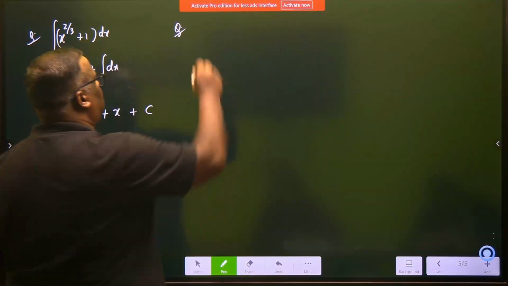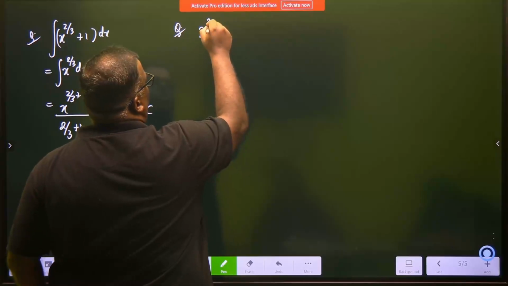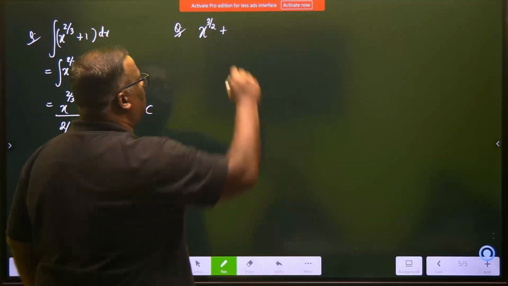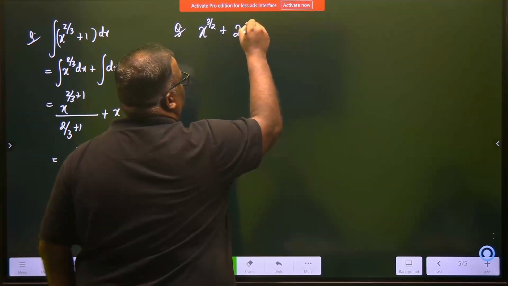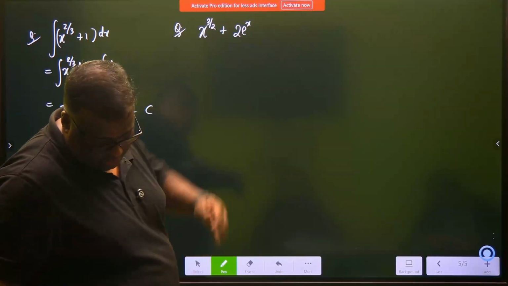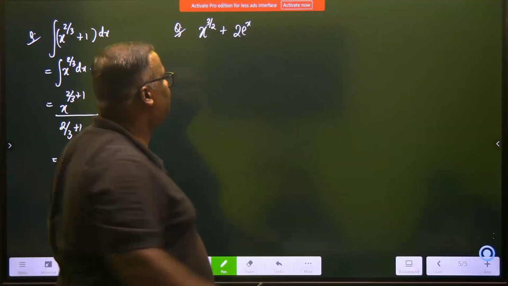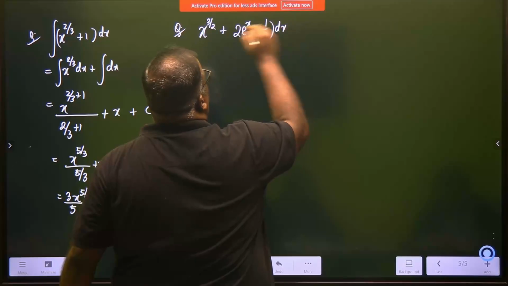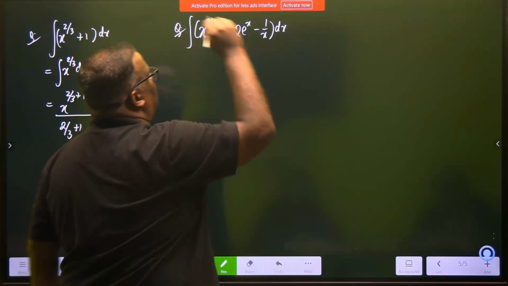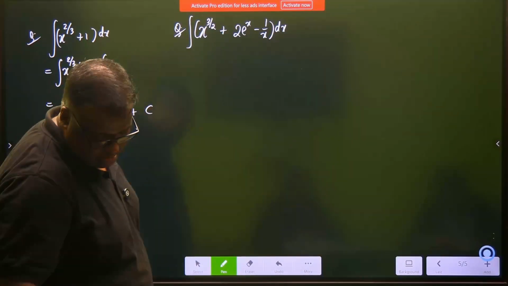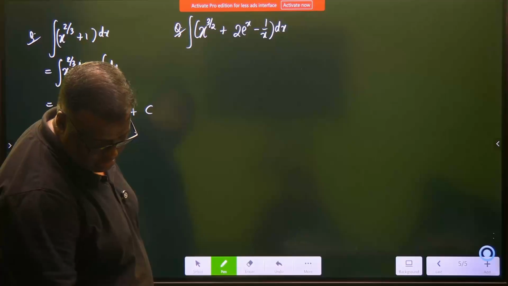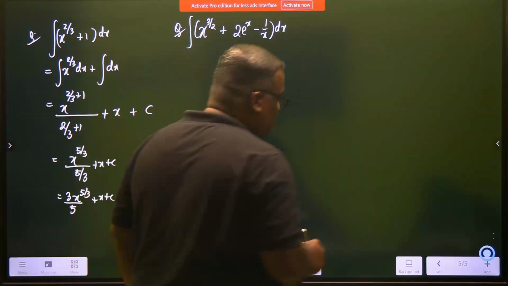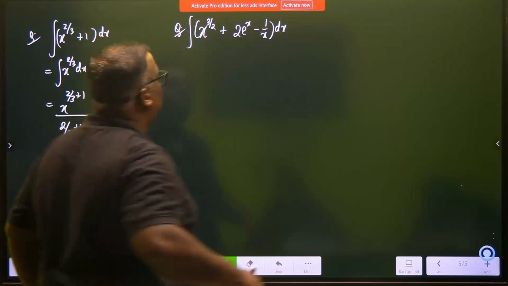X to the power 3 by 2 plus 2e to the power x minus 1 by x dx, and we are integrating it. ठीक है, चले, let's do.